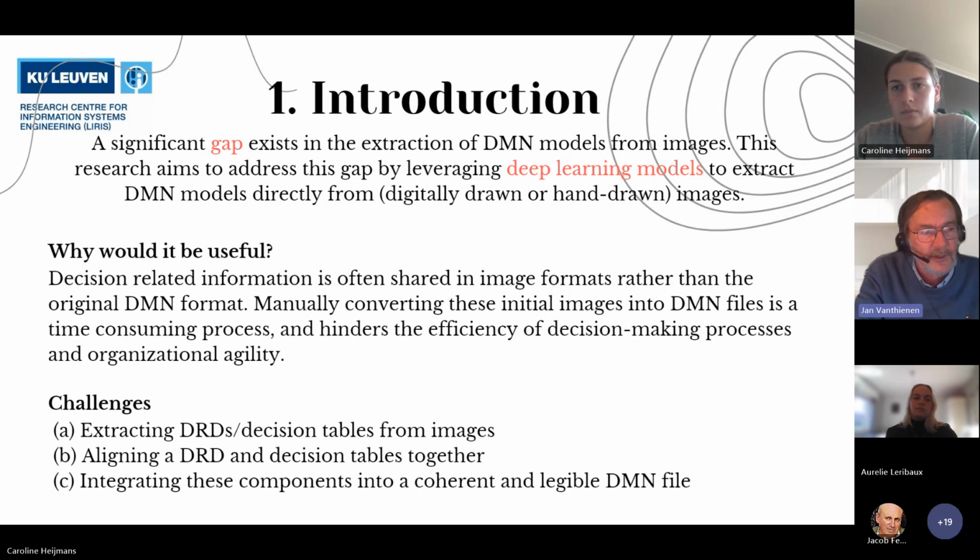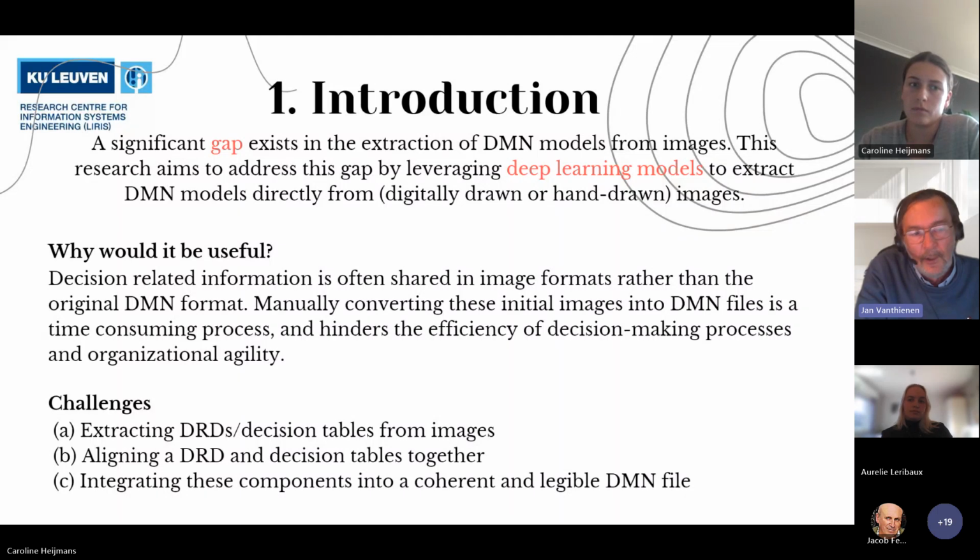So the research question we had was, would it be possible to read a decision model, the DRD and or the tables, just from a handwritten document or from a printed document? As far as we know, there has been no research in this area. So we tried to address this gap by using deep learning to extract DMN models directly from images.